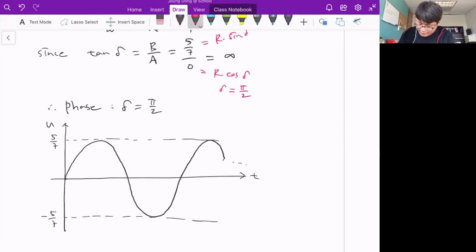And this point is the phase, which must be delta over omega, which is pi over 28. And the period was pi over 7, which means the second peak point will be delta over omega plus pi over 7. We are talking about the period, okay?